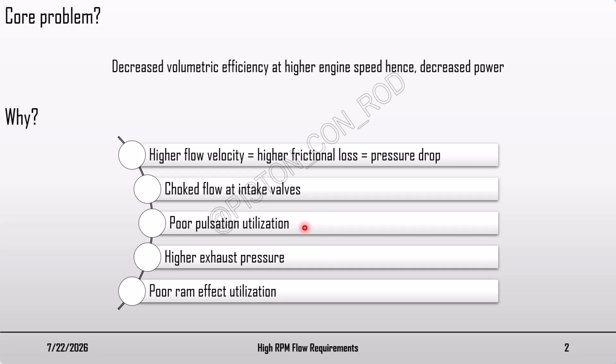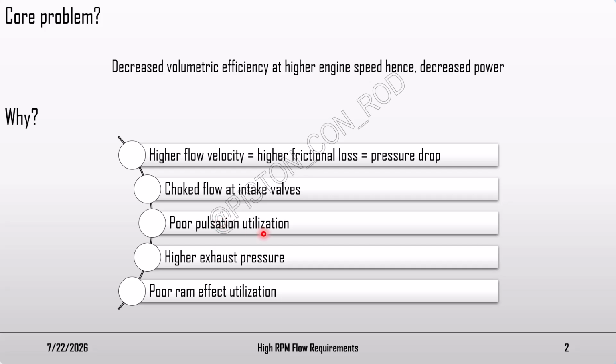So if you properly tune the cam duration and valve timing, you can utilize these pulsations and increase the volumetric efficiency. This heavily depends on the intake system geometry and valve timings and durations, so you can fine tune them for different RPM ranges.